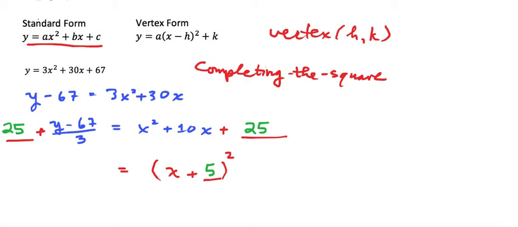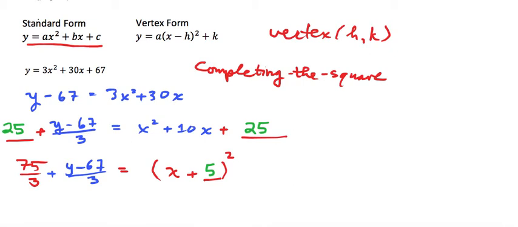And then on the left side of the equation, we have some fractions and a whole number here. So in order to get everything to be the same fraction so we can combine them, I'm going to change 25 into 75 over 3. Another reason for that is because the denominator here is 3. So (y minus 67) over 3, and we're almost done.